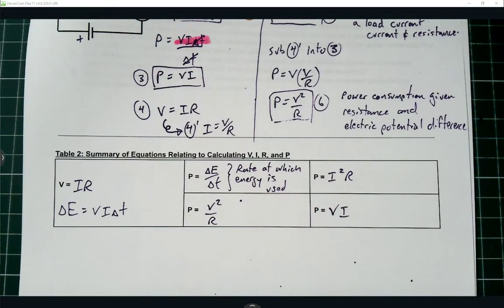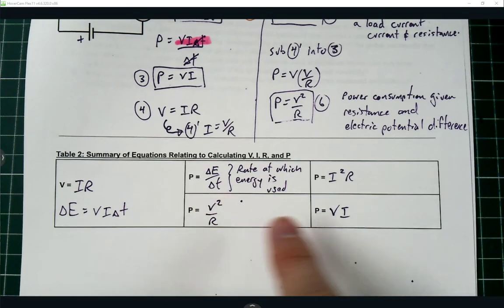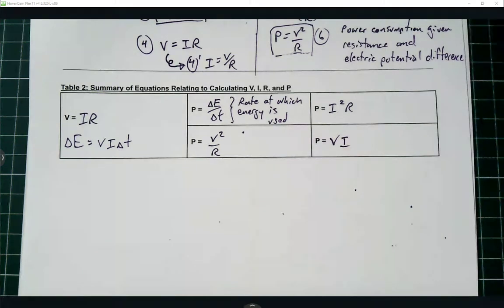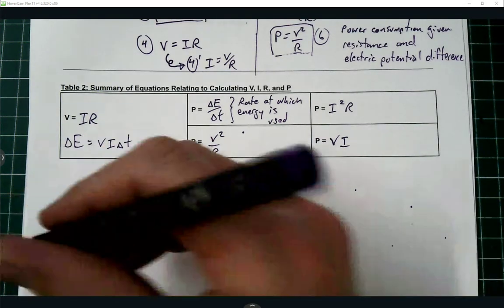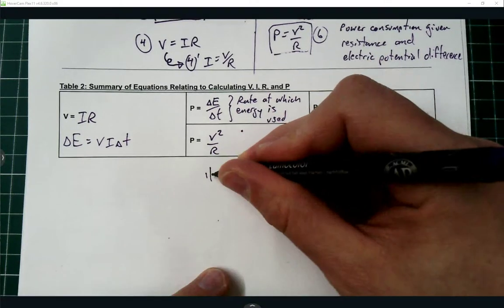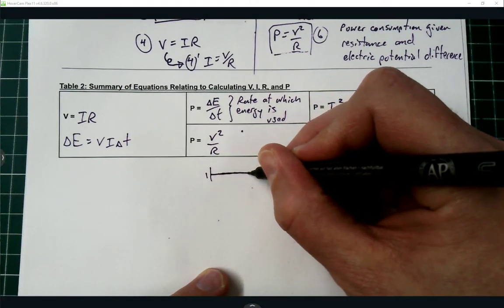Now, the nice thing about each of these power values is that these powers all work with the circuits we've already been discussing. And so I want to draw a basic circuit here.